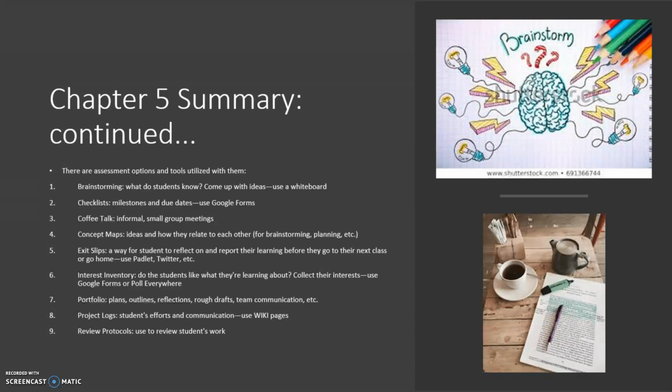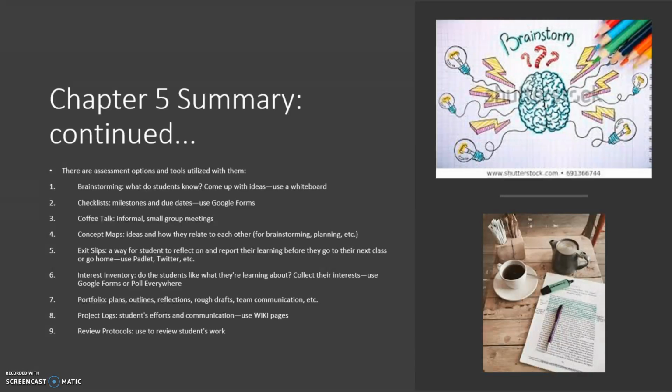Interest inventory. So just check in. Do the students like what they're learning about? Make sure that they're interested, and you can use Google Forms or Poll Everywhere. So that would be fun. You can take a poll and have the kids vote. And then there's a portfolio, which could obviously include all the different aspects.